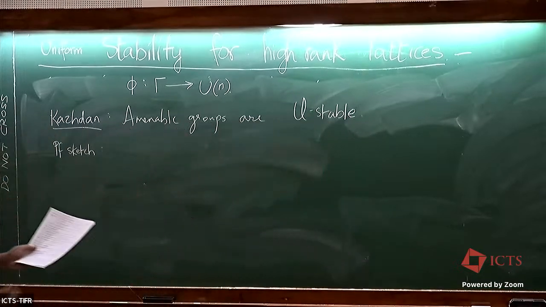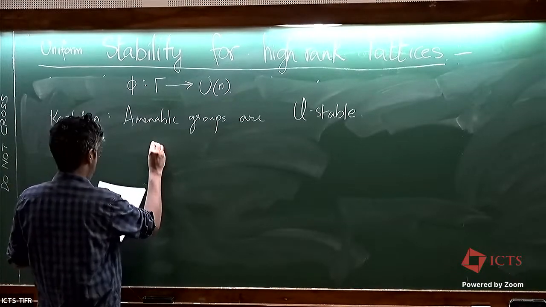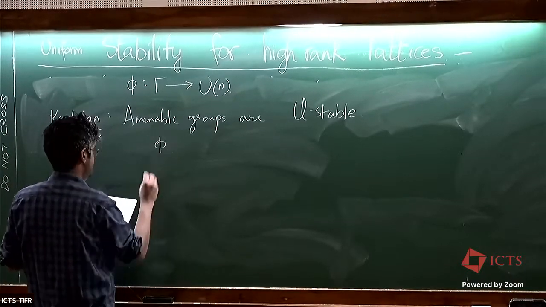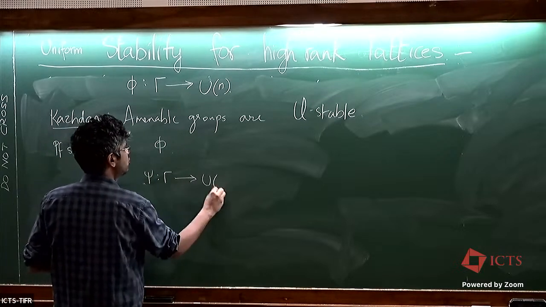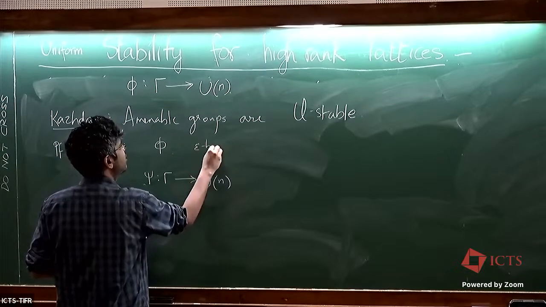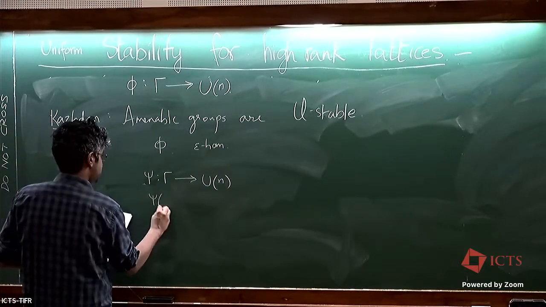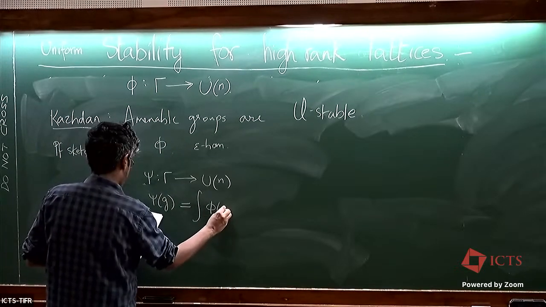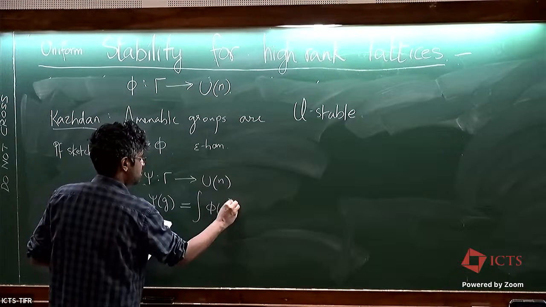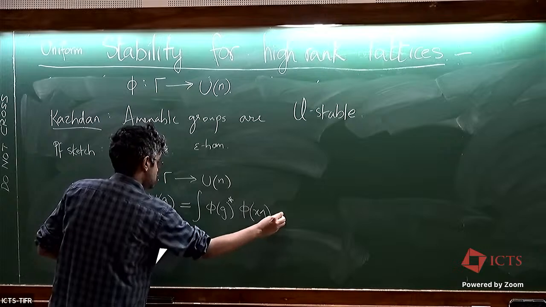You start with phi, the epsilon homomorphism, and you define psi from gamma to UN as the averaging: psi of g is the integral of phi of x conjugate phi of x g dx.